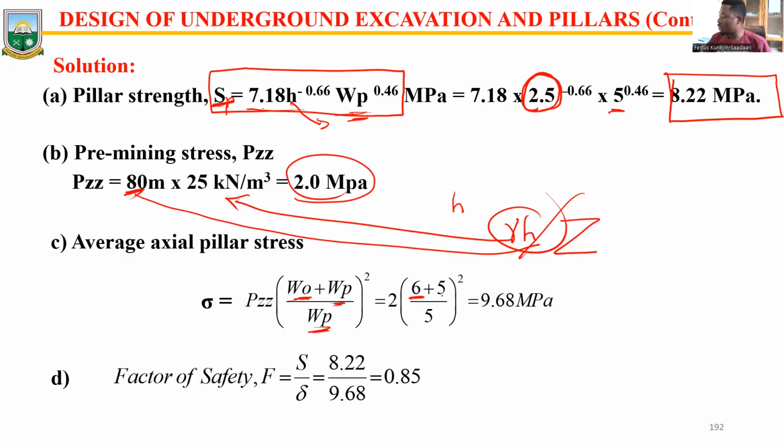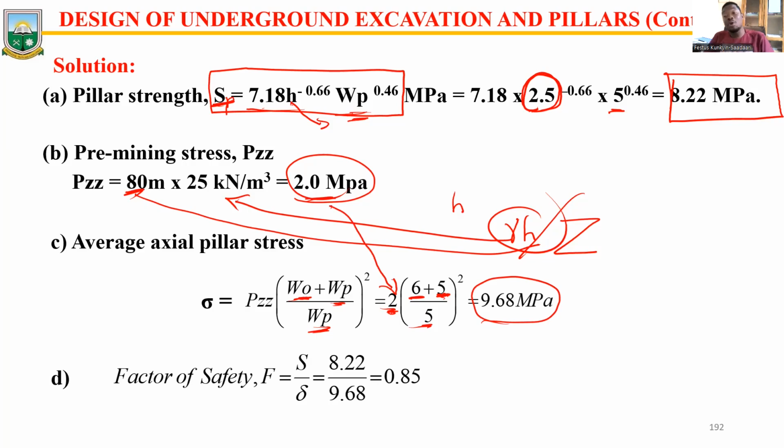You know your width of pillar to be 5. 11 divided by 5 to the power 2. What value is that? You multiply that by your pre-mining stress, PZZ, which is 2 megapascal, this one here. And you have 9.